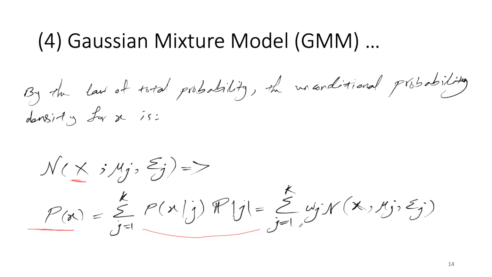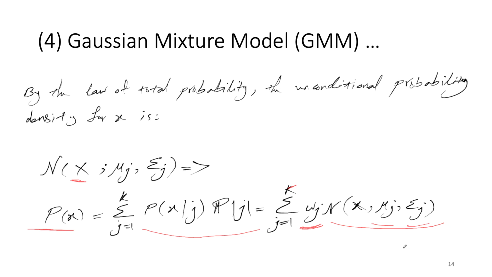And this will be equal to the summation of all the j's from 1 to k, and then your w that we define, and the normal distribution, the probability that this one gives you, right? Using these hyperparameters that we had.